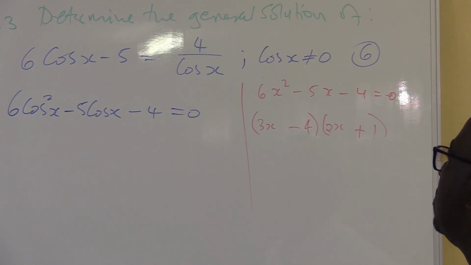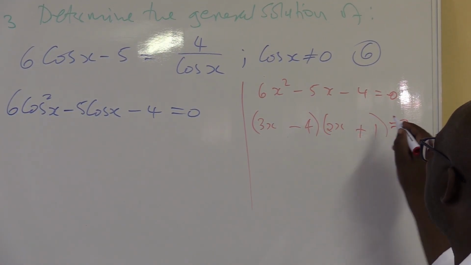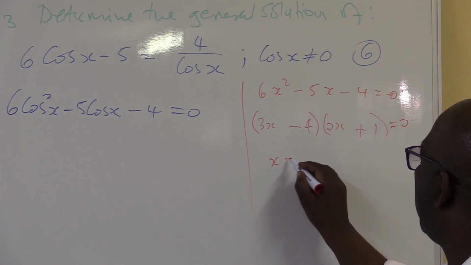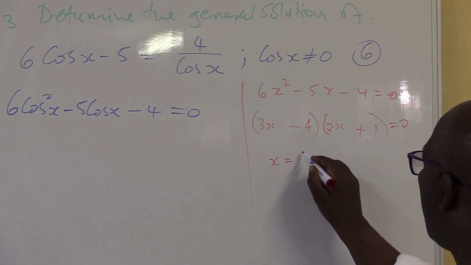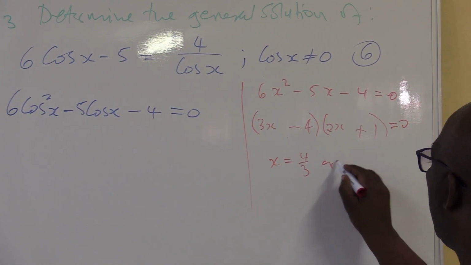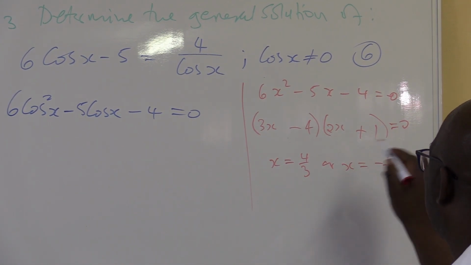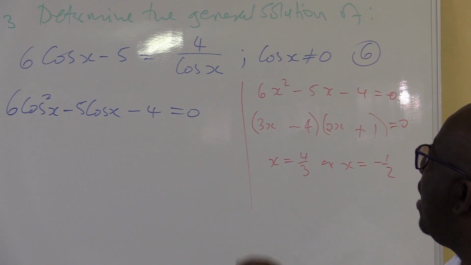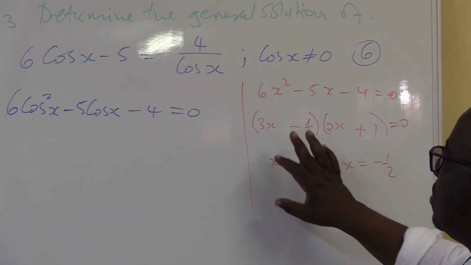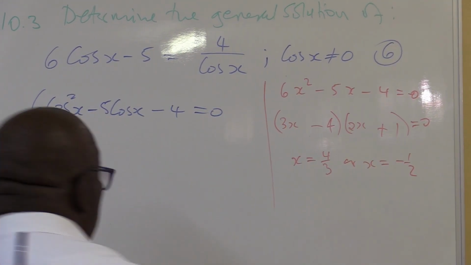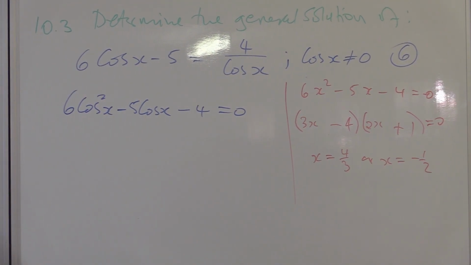These are the factors. And if I'm solving for x, my x will be equal to 4 over 3, or x equals minus 1 over 2. This is what I'll get at the end. Remember, I replaced cos x with x. So let's come and solve this one. It will be much easier to factorize it.